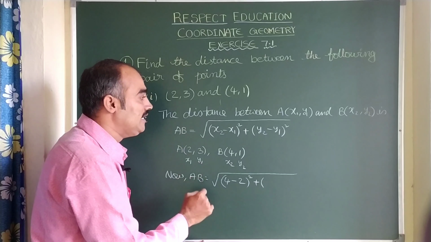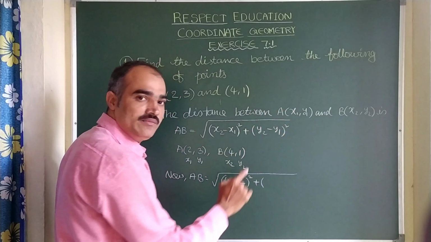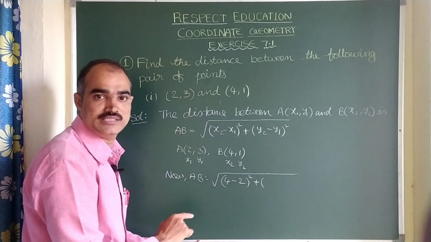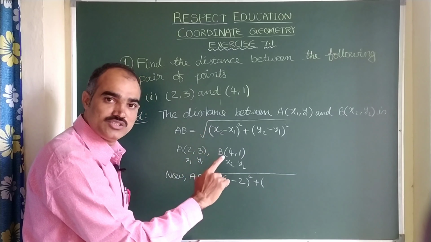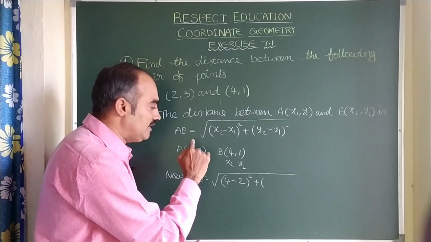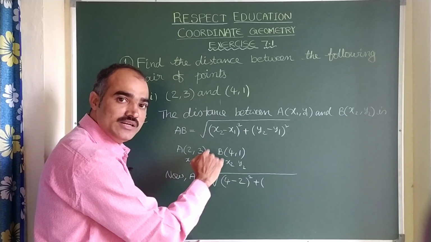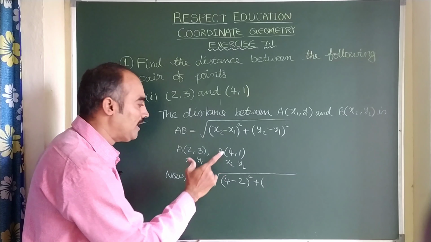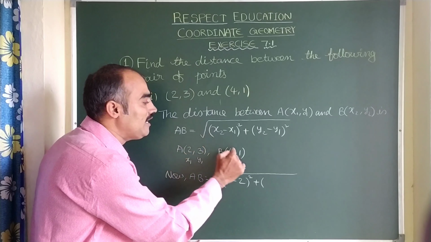But what I say here, anyway you are doing whole square. So it is 1 minus 3 whole square or 3 minus 1 whole square, both are the same. 1 minus 3 whole square is minus 2, minus 2 whole square is 4. 3 minus 1 is 2, so 2 square is 4. So finally anyway we are getting the same value. That's why better you take the bigger one minus the smaller one.